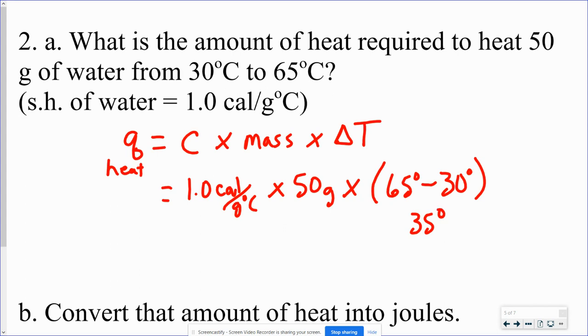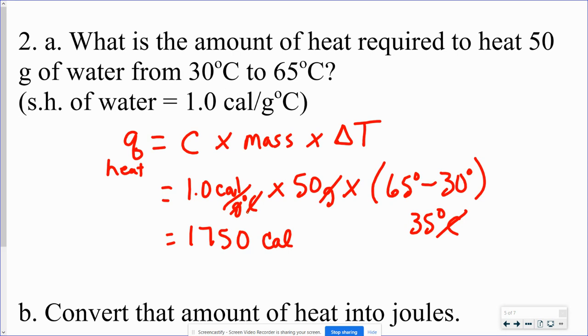And we're going to multiply that, 35 times 50 times 1 is 1,750, and that'll be calories because this was degrees Celsius. So grams cancels, degrees Celsius cancels, and our answer is in calories because our specific heat was in calories.